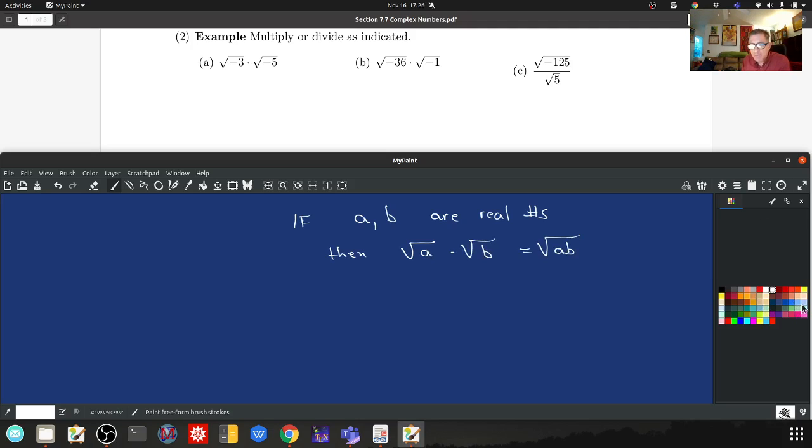And here you have to pay very close attention, because they have to be real numbers. So I can't use this theorem when I'm talking about the square root of minus 3.